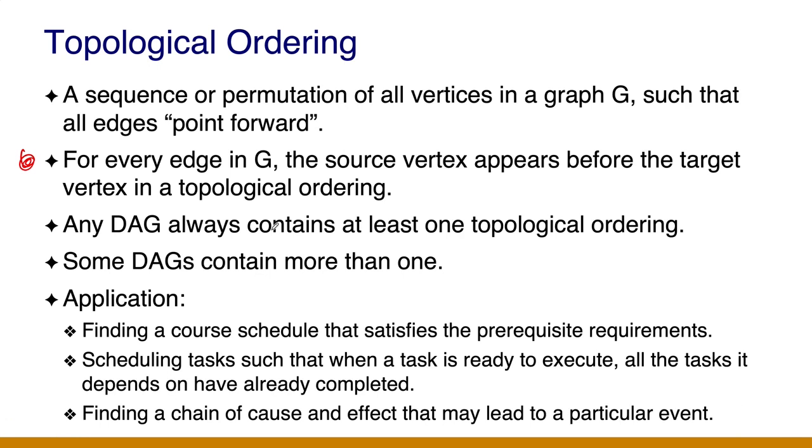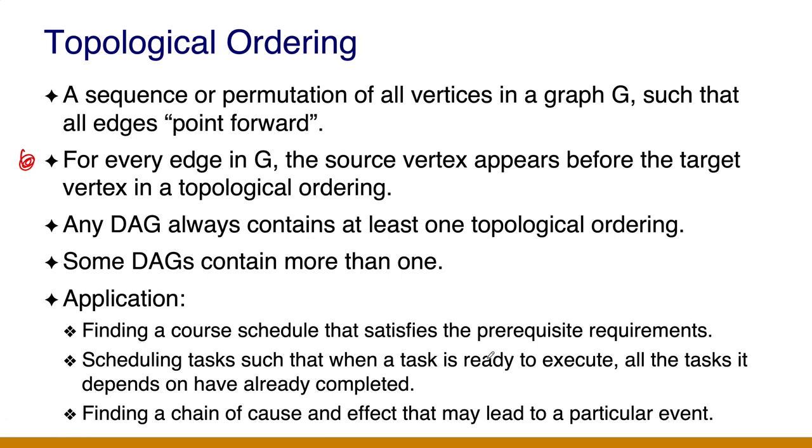And this is one very important property of any DAG, any directed acyclic graph. If you have any graph that's directed and acyclic, then we should be able to find at least one topological ordering. Potentially, you can have more than one, but you have at least one.